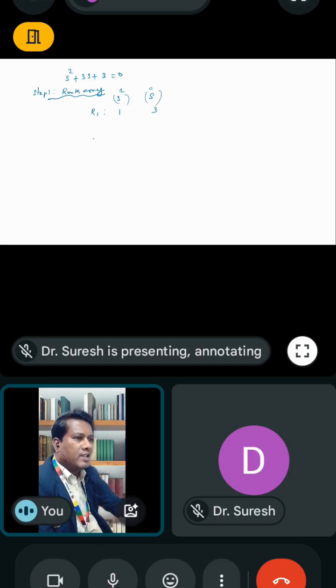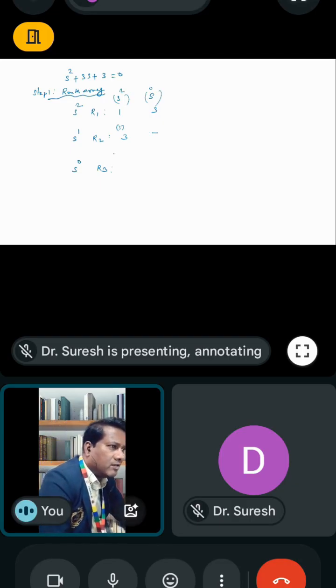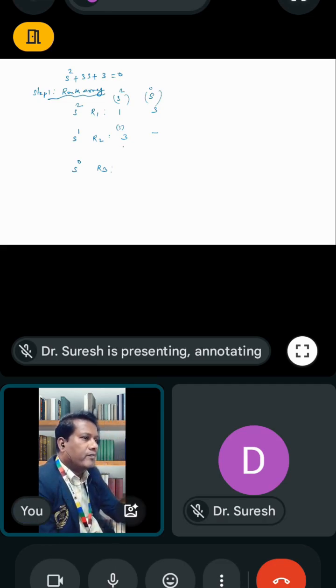Now go to the second row. The rows are s squared, s power 1, and s power 0. In the second row, the odd power means we write the s coefficient, which is 3, and afterwards there is no value, so a dash.